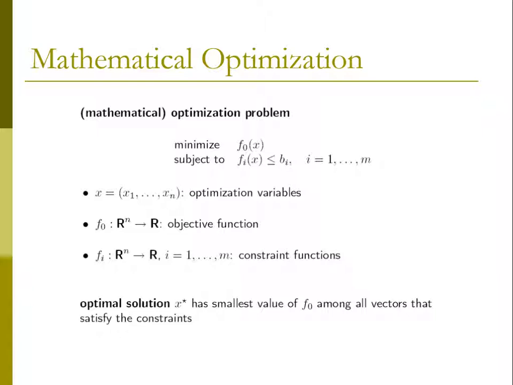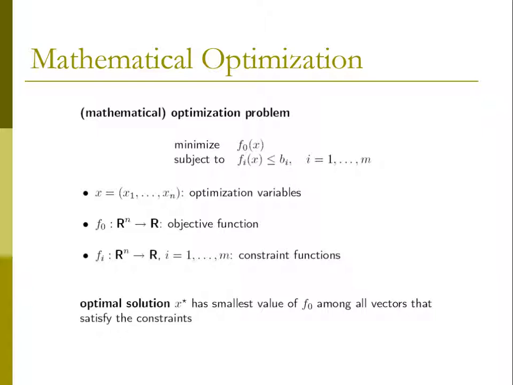Here we come to how to recognize optimization problems. Basically, mathematical optimization problems have the general form just like this, which is composed of objective and constraint functions.